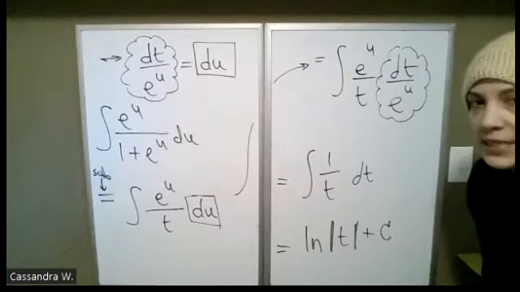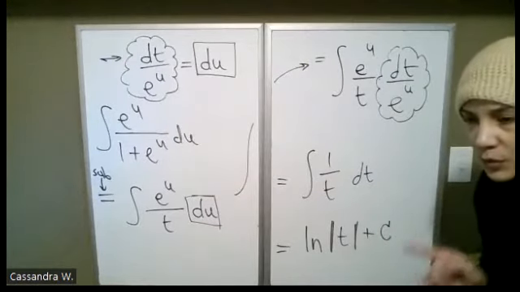Okay, the last thing to do is get everything back in terms of the original variable, which was u.